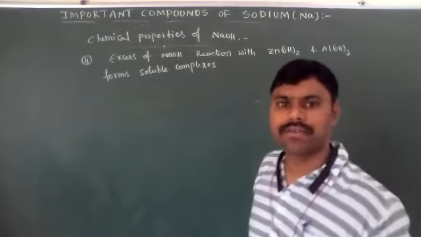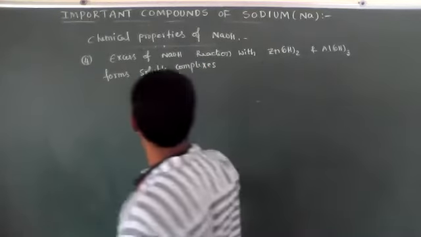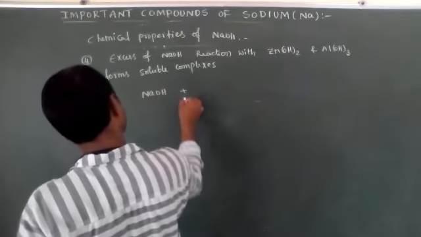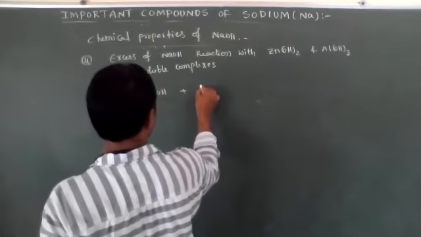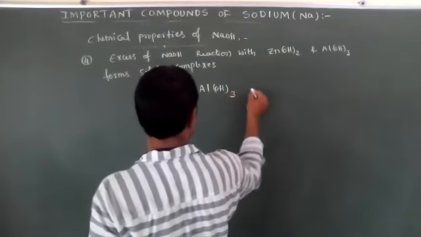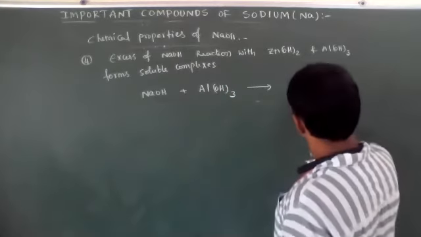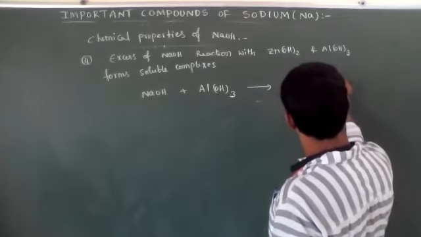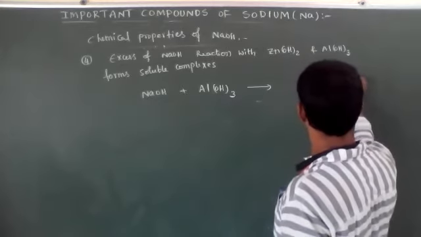Let's see what the formulas of the soluble complexes are. For example, NaOH reacts with Al(OH)3, aluminum hydroxide, and forms Na3[Al(OH)6].